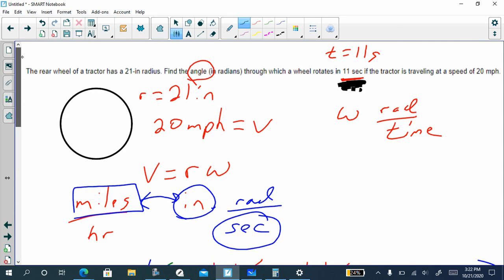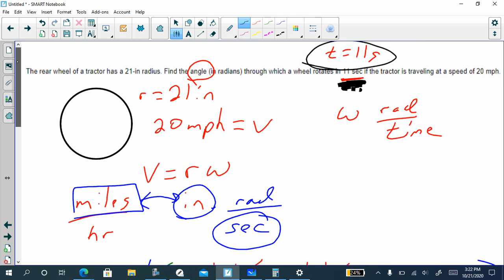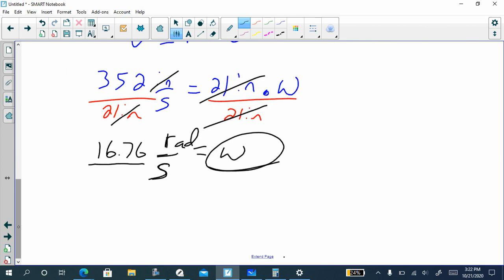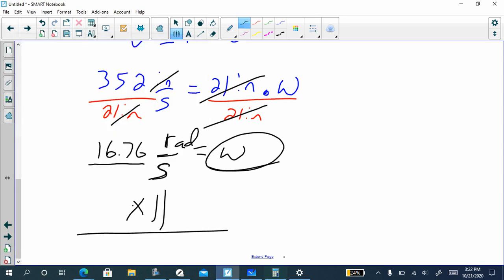We're asked how many radians do we rotate if we go for 11 seconds. So take that times 11. We get about 184.4 radians.